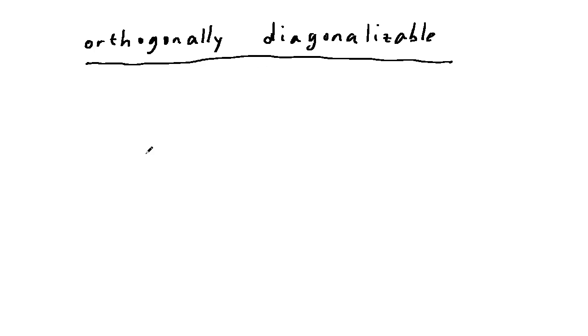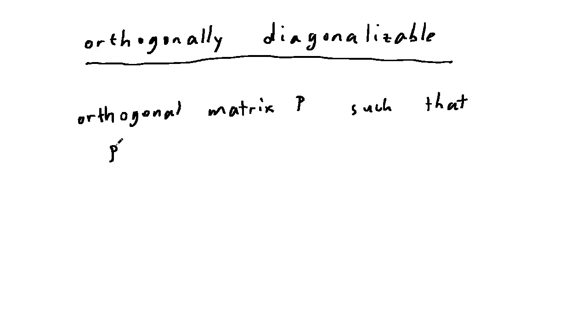This means that there is an orthogonal matrix P such that P inverse AP is a diagonal matrix.